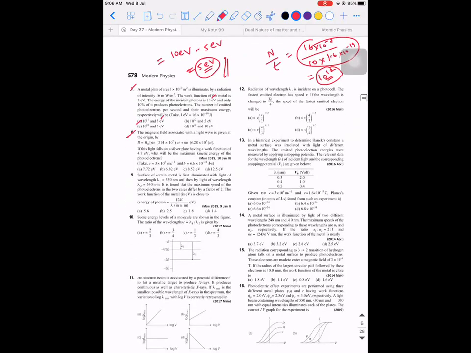8.1. The magnetic field associated with the light wave is given at the origin by B equal to B naught into sine of 3.14 into 10 power 7 ct plus sine of 6.28 into 10 power 7 ct.